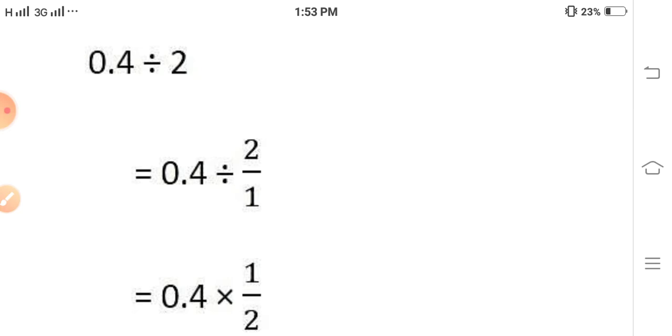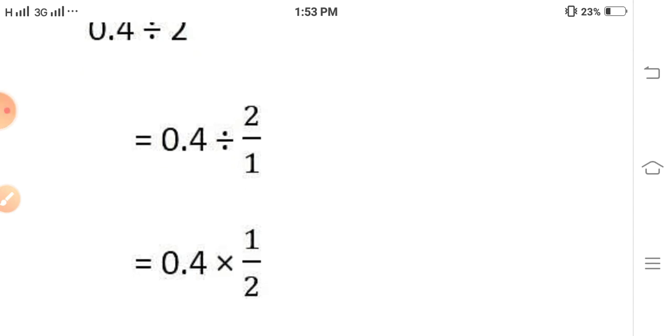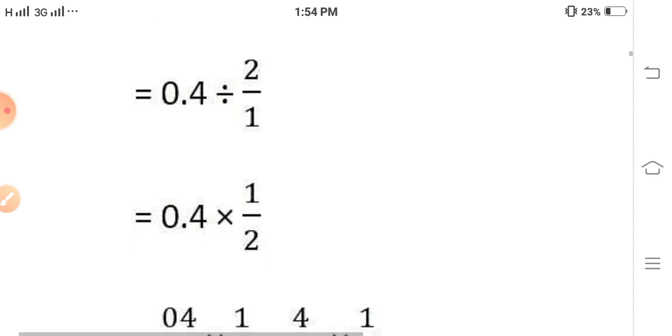Now students, as we did in fractions, if the second term is a fraction, then we take the reciprocal of it and change the sign to multiplication. So same we will do here. We will take the reciprocal of 2 upon 1 and change the division sign to multiplication. So it becomes 0.4 multiplied by 1 upon 2.